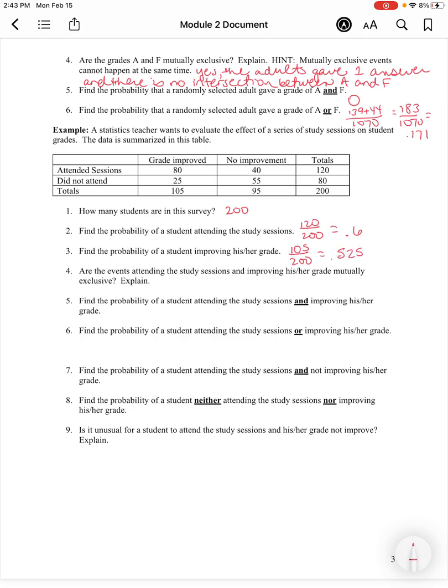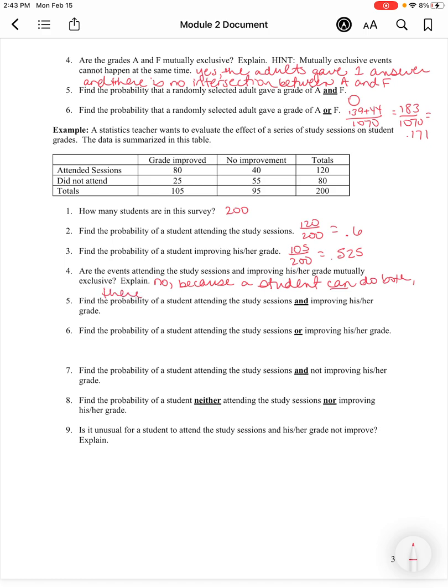Are the events attending the study session and improving the grade mutually exclusive? No. Because a student can do both. There is an intersection.